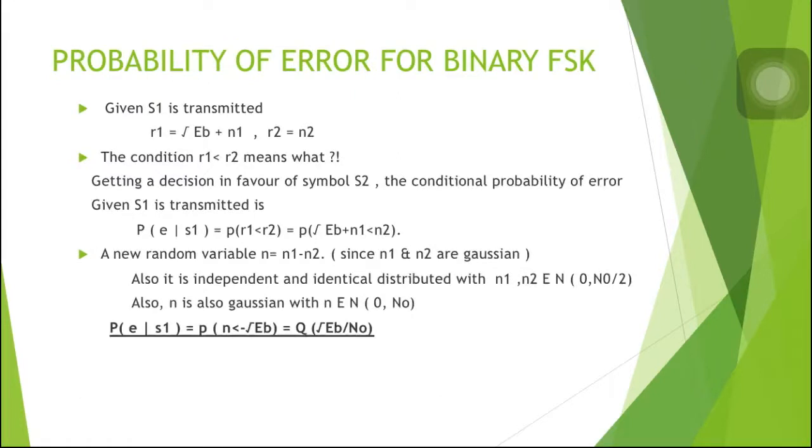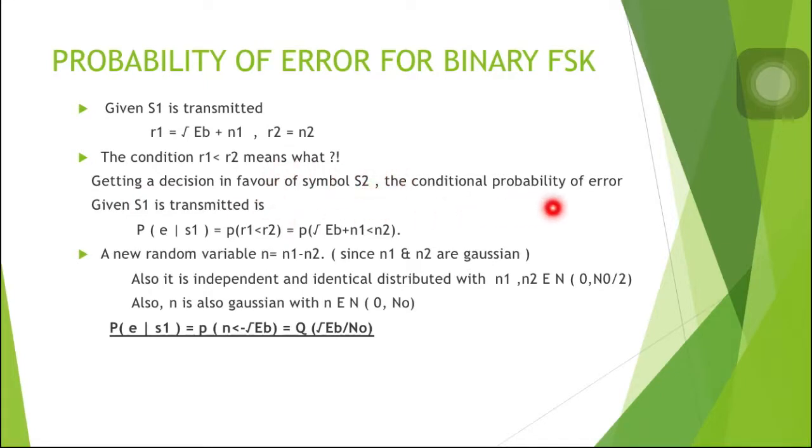Okay, so now let's look at the last topic, probability of error for binary FSK. Given S1 is transmitted, signal 1 is transmitted, we have R1 equal to root of Eb plus N1, and R2 equal to N2. Let's consider the condition R1 less than R2, which means getting a decision in favor of symbol S2.